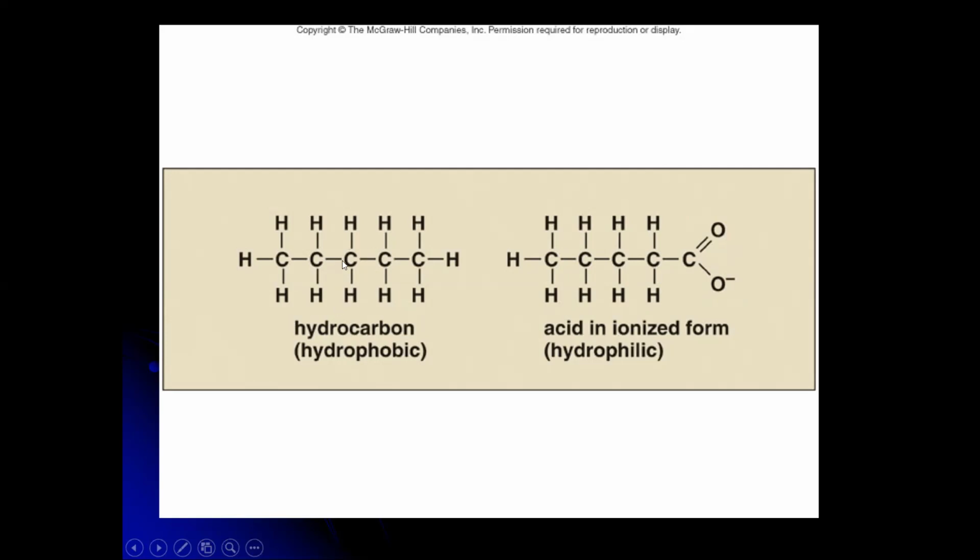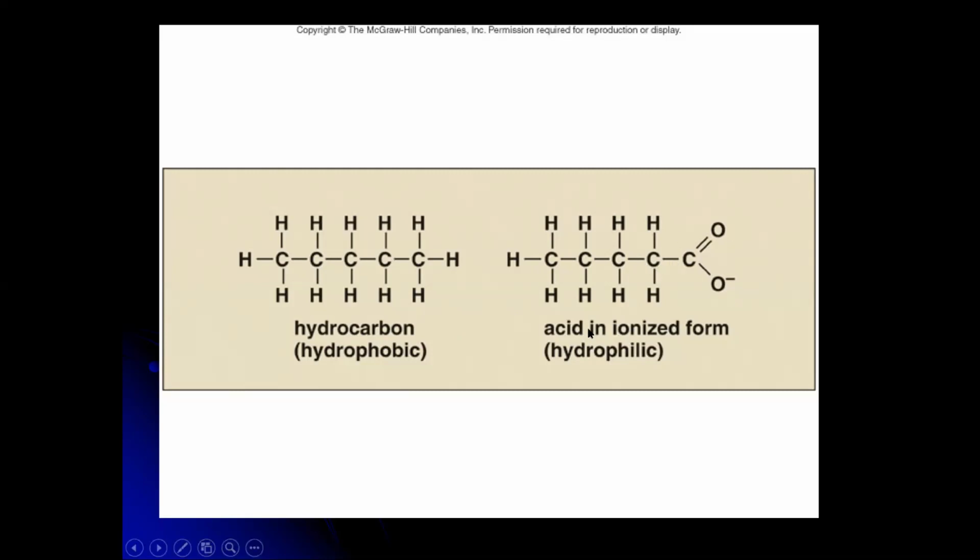It's not going to associate with water. It's afraid of water, water fearing. This is what I'm building to, because the whole point in learning about some of these structures right now is to get you into the organic molecules inside the cell. Hydrophobic and hydrophilic are terms that have already been thrown around, and when we get to the cell membrane, the plasma membrane, we're going to be talking about that a bit more.